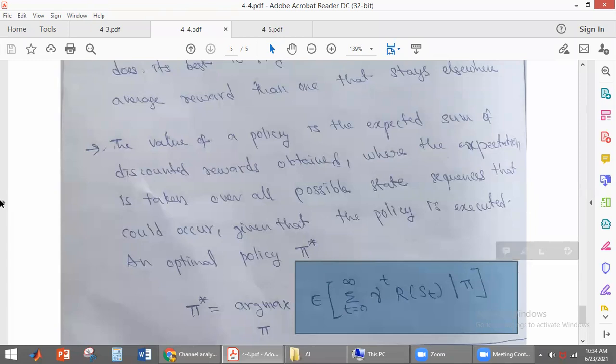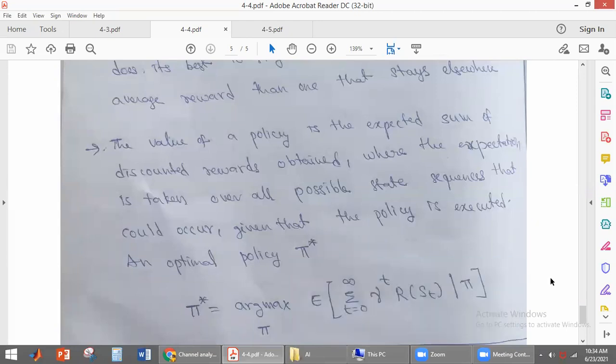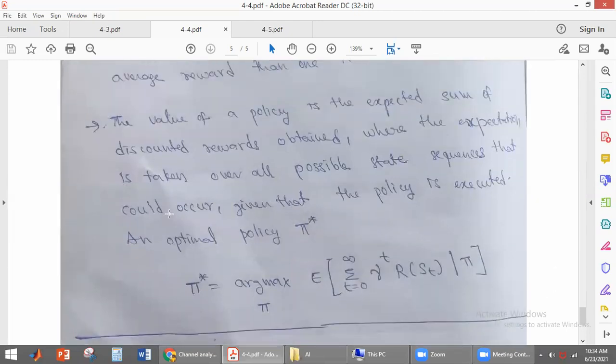When the policy is executed, we find the expected value of the discounted reward. Now, what is the optimal policy? The optimal policy is the one giving the maximum expected utility. It gives us the maximum expected utility for discounted reward when a policy is executed. That is called the optimal policy.